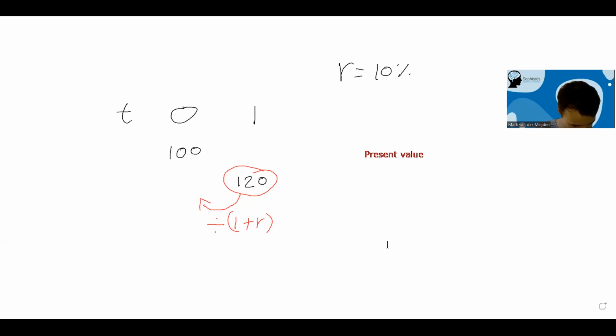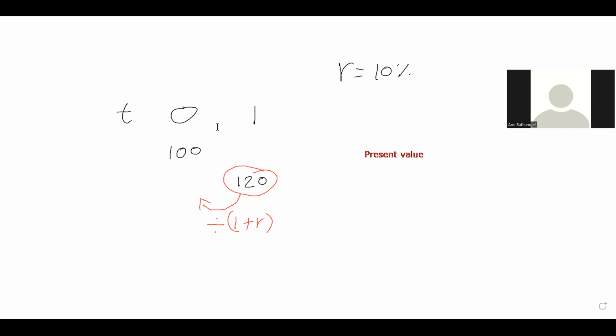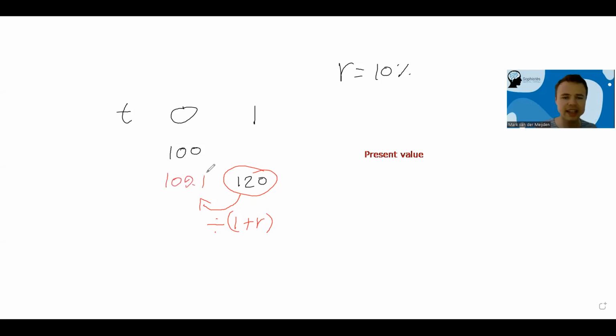What would we get? 109.1. And then you say, all right, the present value of that 120 is bigger than the present value of this 100. Therefore, I choose the 120. That's the idea, that you can only compare cash flows if you denote them in the same time period. Thank you very much. That's the whole idea of taking the present value.